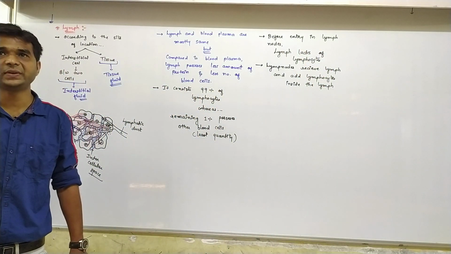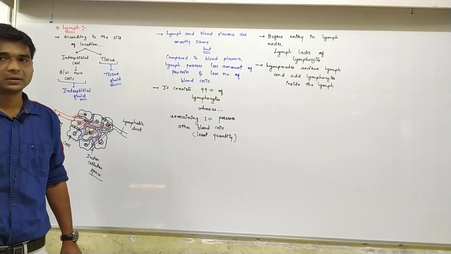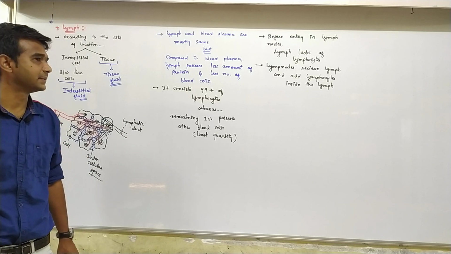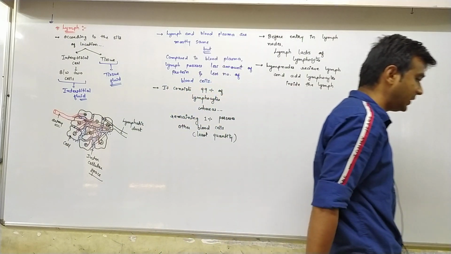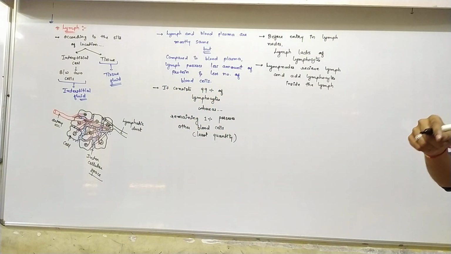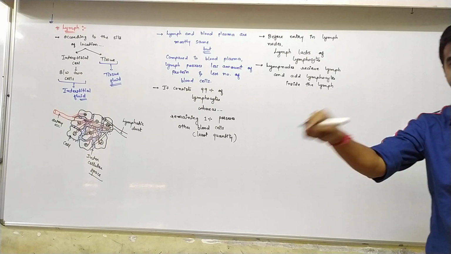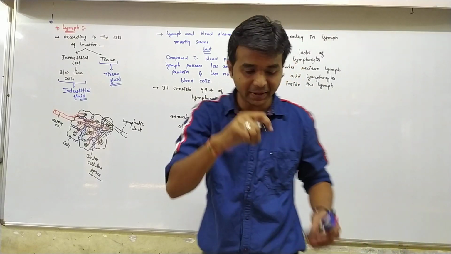Before entry of lymph in the lymph node, lymphocytes are not present there. After entry of the lymph into the lymph node, the lymph node adds the lymphocytes. As a result, what happened?